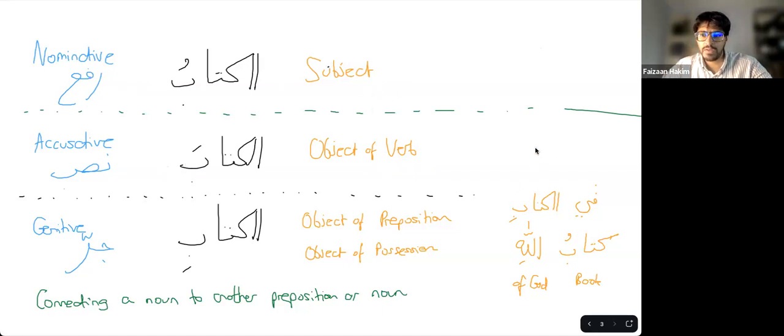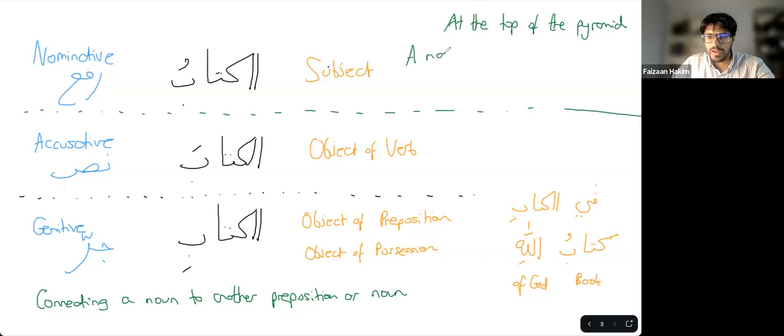Maybe a better way to think of this is a noun is at the top of the pyramid. Let's say this. A noun is always nominative, marfu, unless there is a reason otherwise.